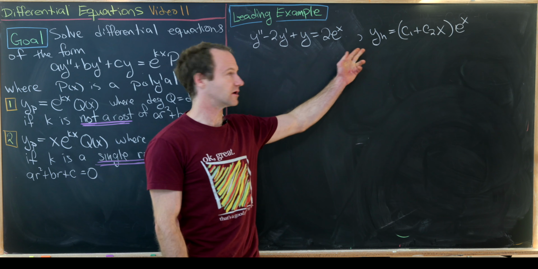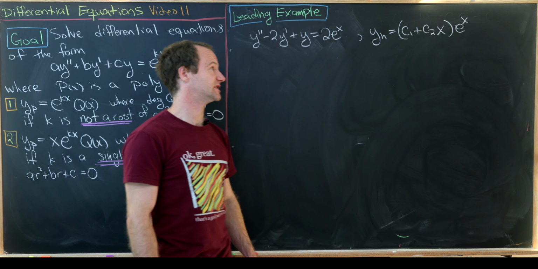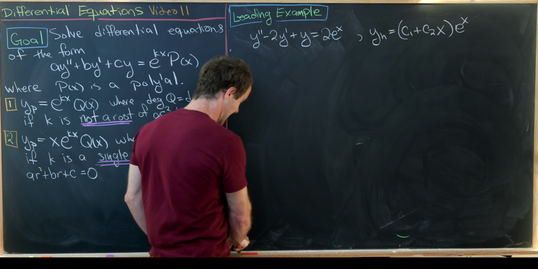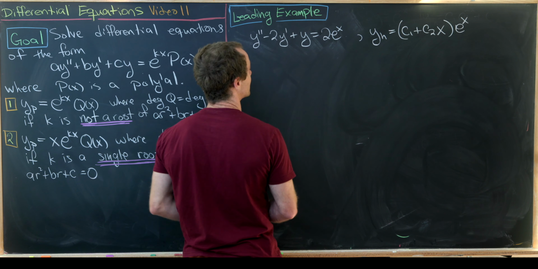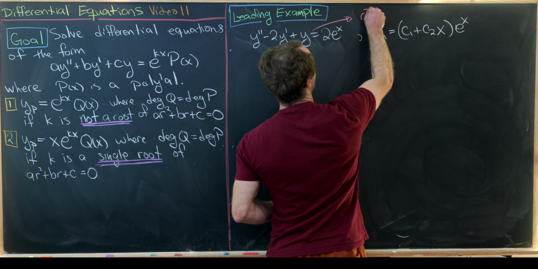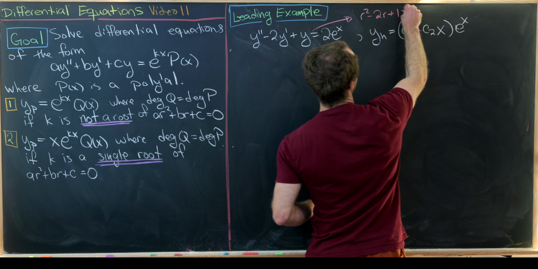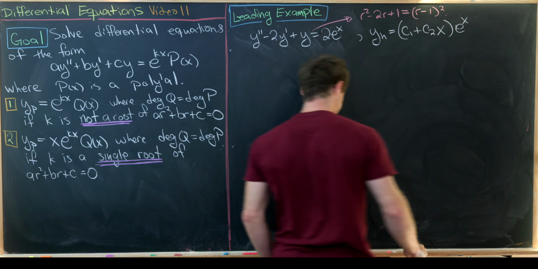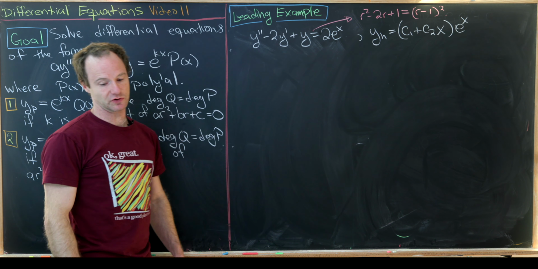Now let's observe that the homogeneous solution is c1 plus c2 x times e to the x. That's because the corresponding polynomial to this, which is r squared minus 2r plus 1, factors as r minus 1 squared. In other words, it's got a double root.